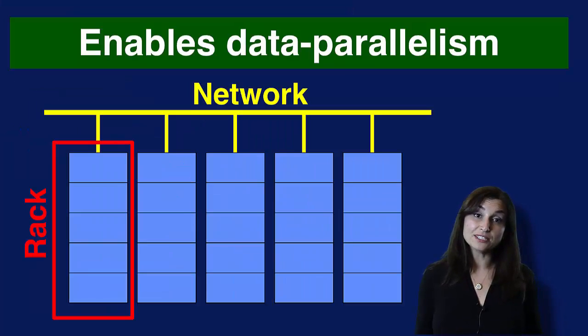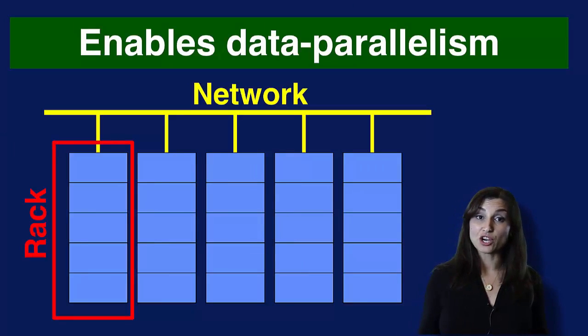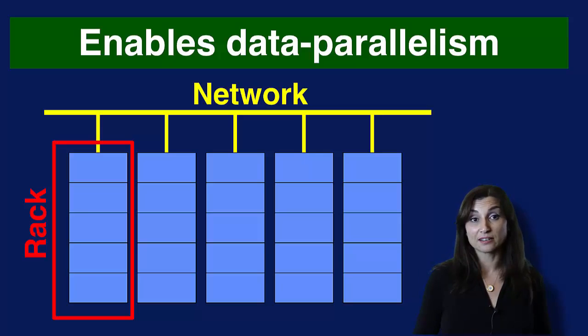Such architectures enable what we call data parallelism. In data parallelism, many jobs that share nothing can work on different datasets or parts of a dataset. This type of parallelism sometimes gets called job-level parallelism, but in this specialization, we will refer to it as data parallelism in the context of big data computing.